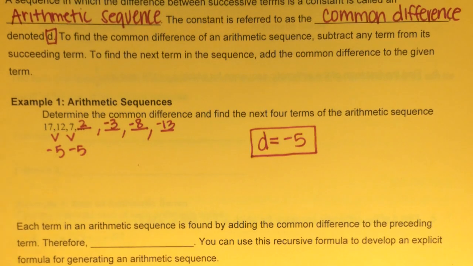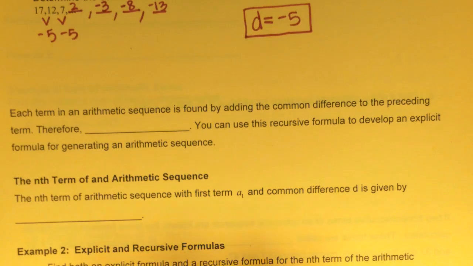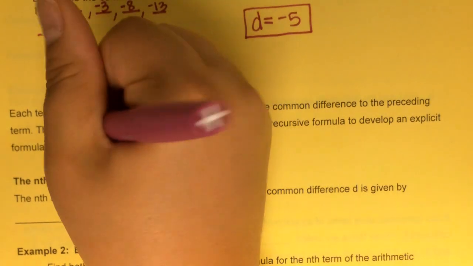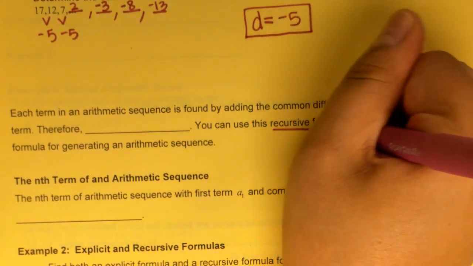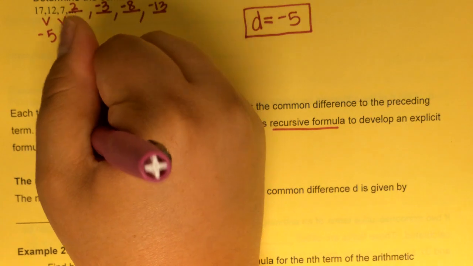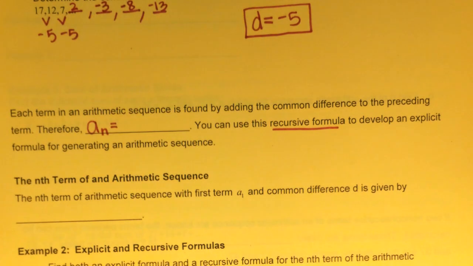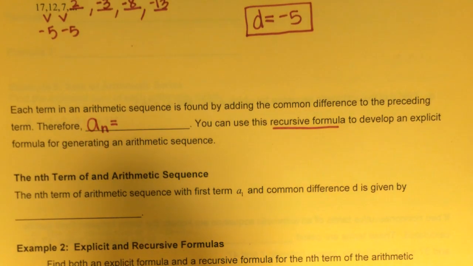Okay? Now, we've been talking about explicit formulas and recursive formulas. Each term in an arithmetic sequence is found by adding the common difference to the preceding term. Therefore, for the recursive formula, remember, you need 3 things.